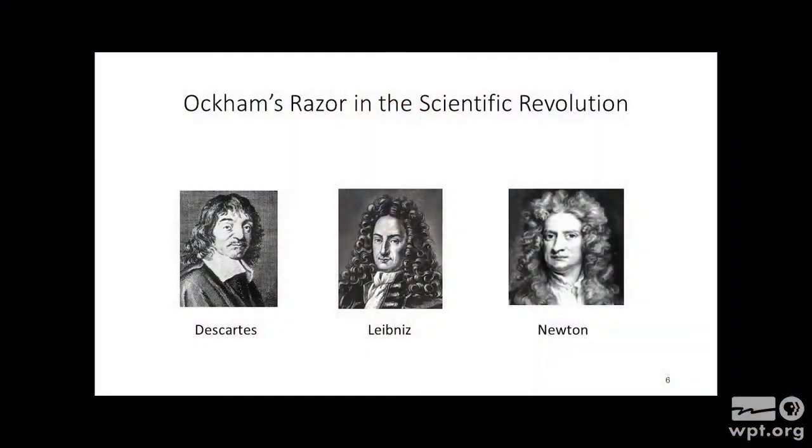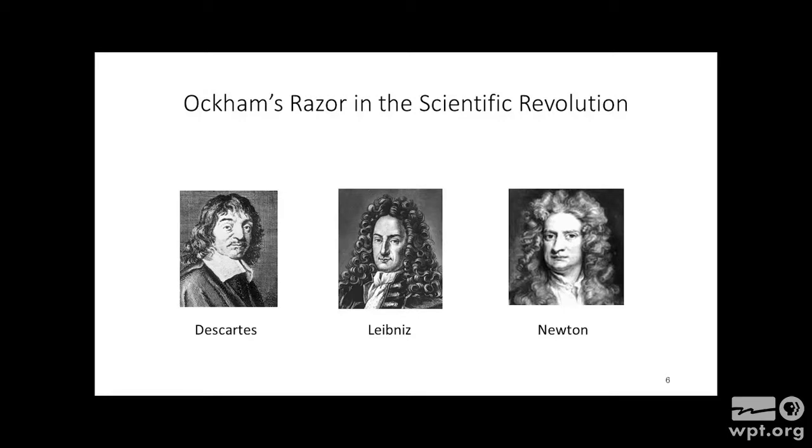So in this time of the scientific revolution, we have great philosophers, scientists like Descartes, Leibniz, and Newton. And in those days, the distinction between philosophy, as we now call it, and science, as we now call it, was much blurrier and continuous. So all three of these figures did work that we now look back on as being both philosophical and scientific.